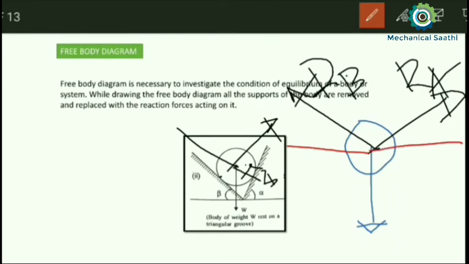If we extend this one, it will be meeting somewhere here, and if we extend this one, it will be extended like this.